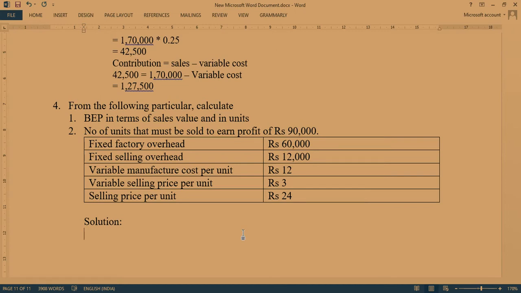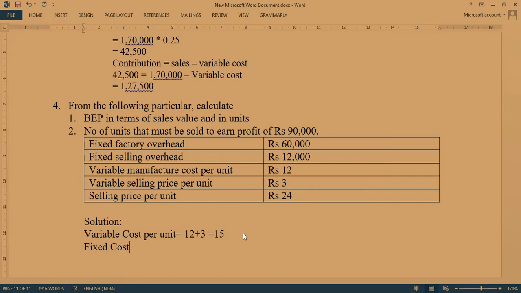Before going to the problem, we have to find the total variable cost per unit. As per the information given, it is rupees 12 plus 3, which gives a total of 15. So 15 is the variable cost per unit. Again, we have to find the fixed cost.